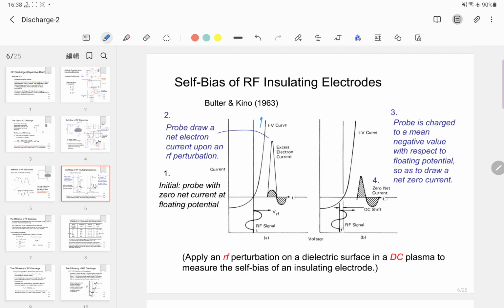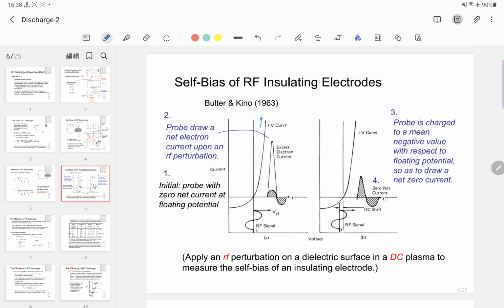In a plasma system, there is always some place connected to ground. So the probe, the plasma and the power supply form a closed circuit. If you apply voltage to the probe, you can measure the current flowing through the probe.